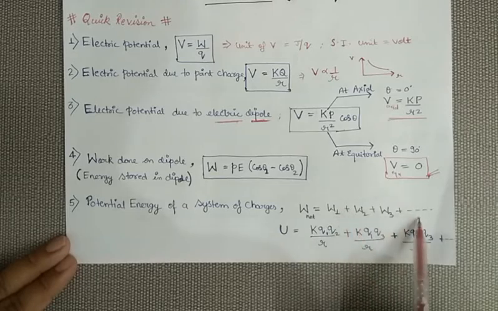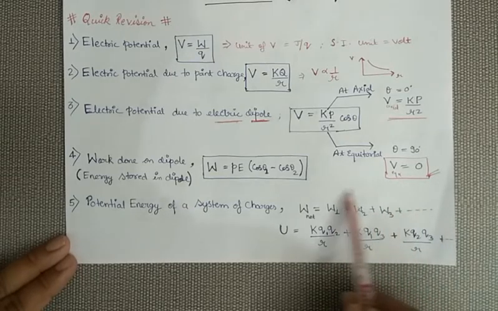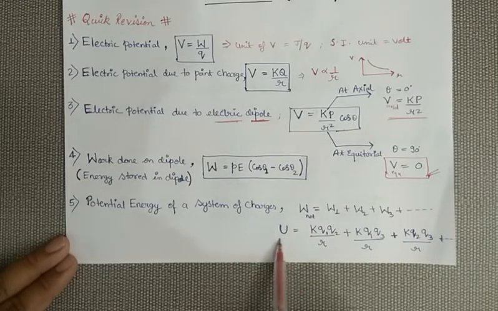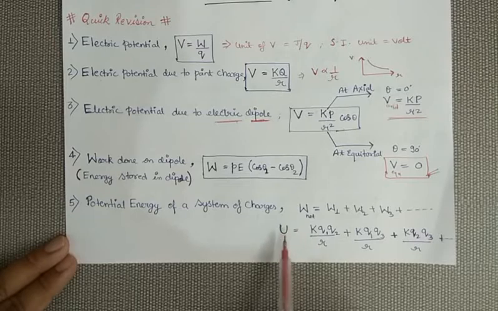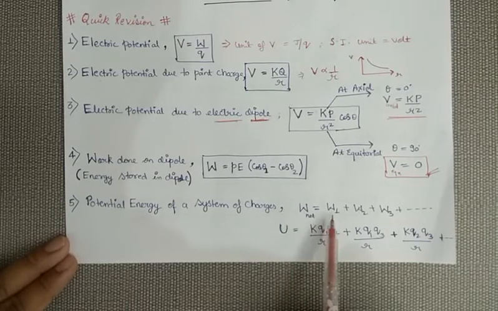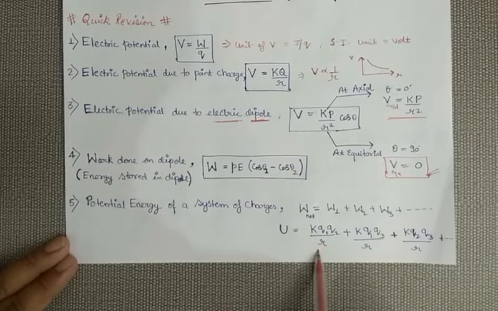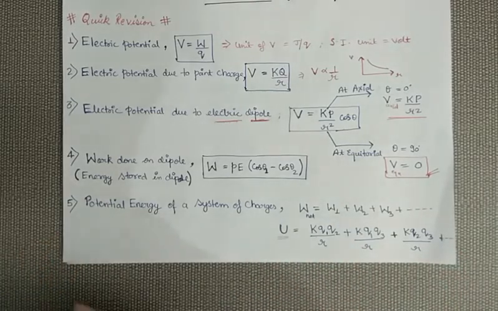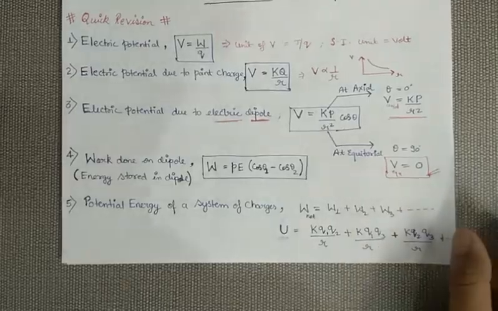These are the work done by individual charges, and adding all we will get the total work done, and the amount of total work done is equal to the total potential energy of the system. If you remember, the work done was K times first charge times second charge upon the distance between them. Similarly for the second, similarly for the third, and if any more charges are there. So by adding all of them, you get the total potential energy of the system.